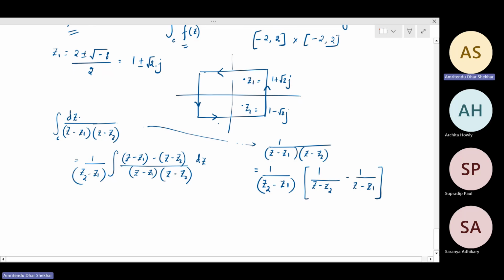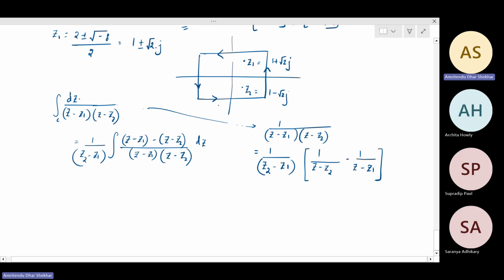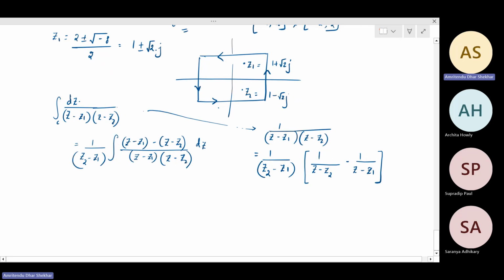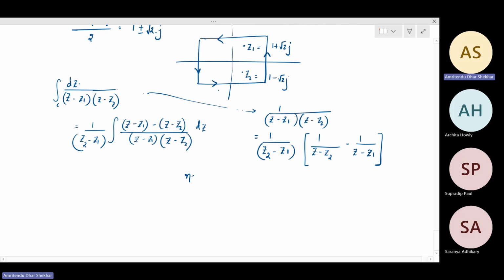Now you have to compute the residue of this function at z equals z1 and z equals z2. At z equals z2, the part 1 by z minus z1 is analytic in a small region around z2, so the residue of f at z2 is equal to 1 by z2 minus z1.